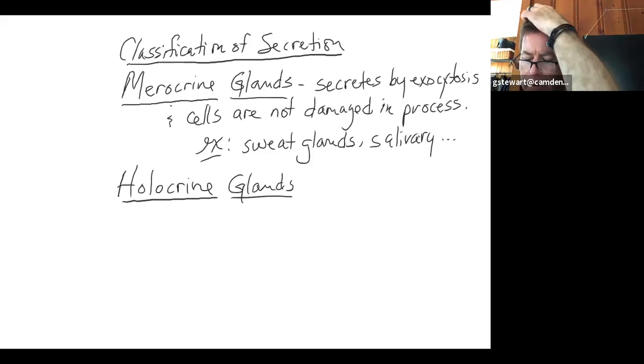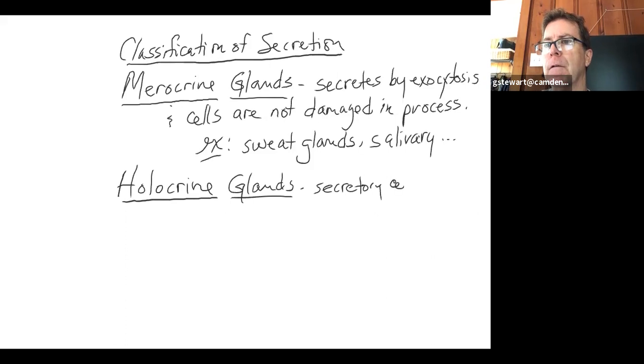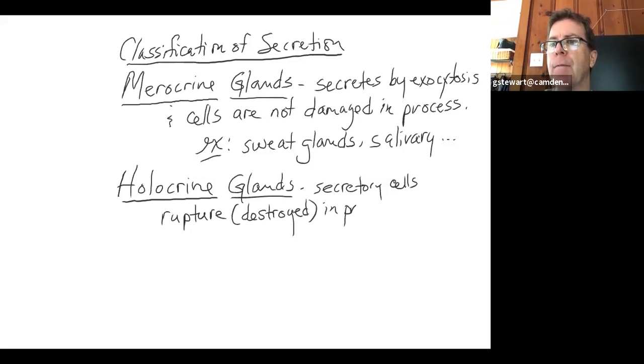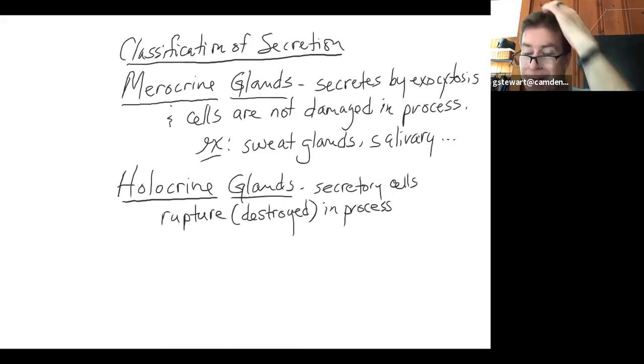These are also glands that release secretions, but the secretory process is usually by the cells rupturing, and they're destroyed in the process. So I'm going to write secretory cells rupture. I'm going to write destroyed in the process. So every time a secretion is made by these cells, the secretory cells themselves are destroyed, and we have to make new ones in order to continue the secretion.